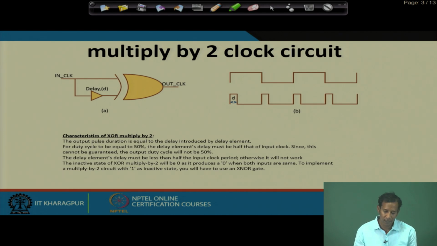To do that, we know that the XOR gate is nothing but a 1 bit comparator.